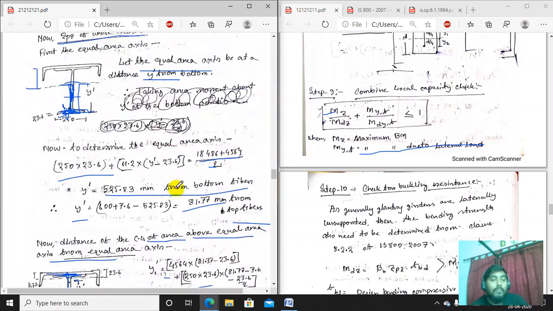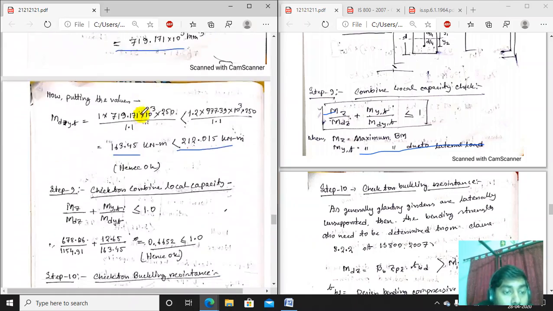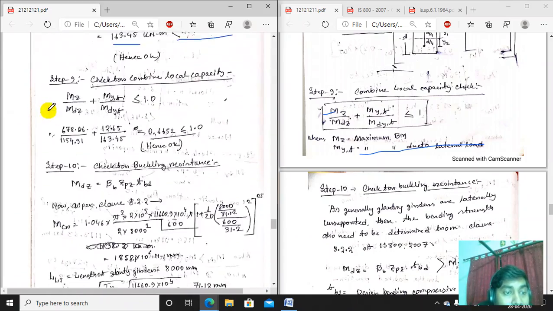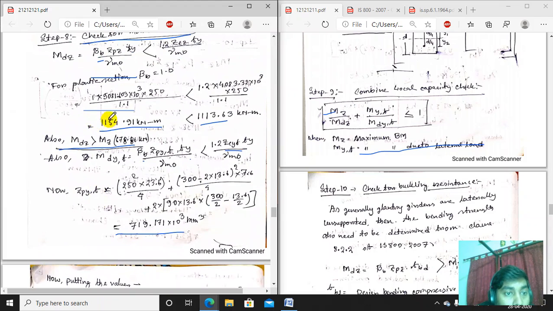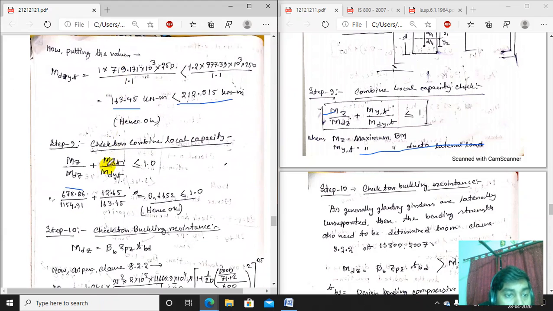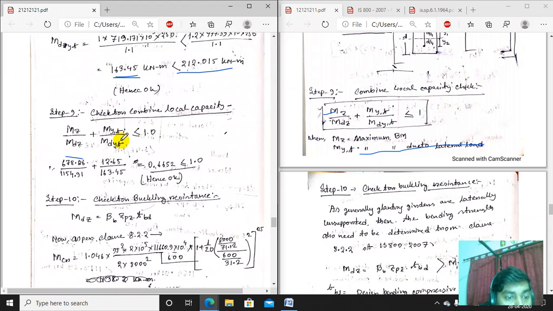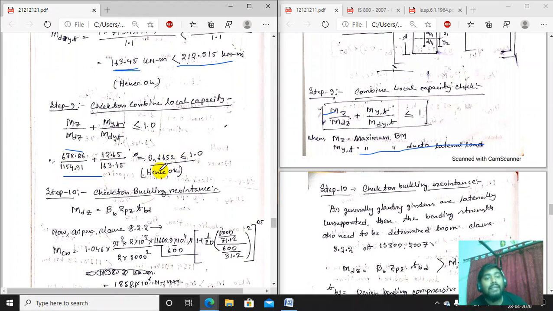So let us put all the values, and we have also determined Mdz and Mdyf. Mdz we have calculated, that is 1154.91, and Mdyf we have calculated 163.45. Putting all the values, we are getting it is also less than 1.0. So it is also under the limit. So local capacity is safe for the design.